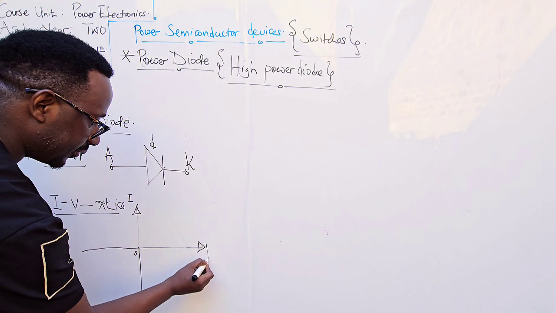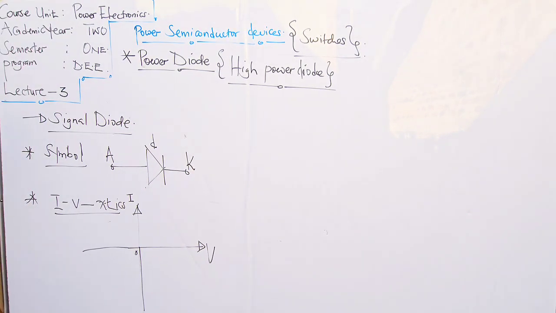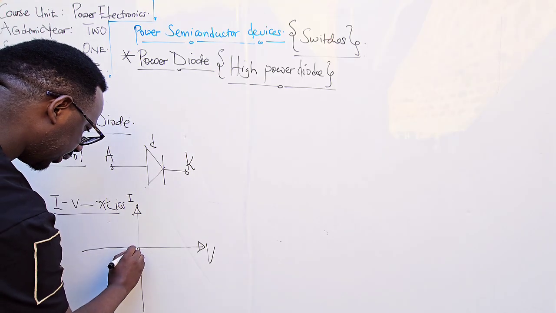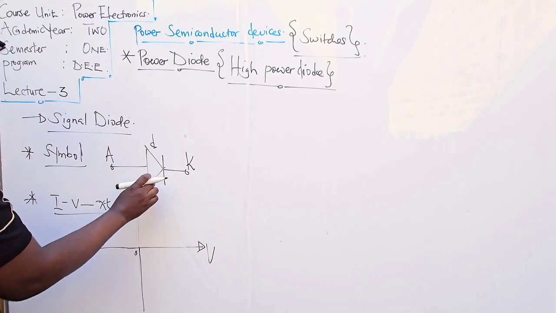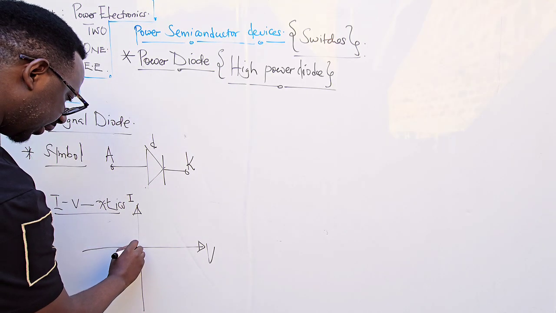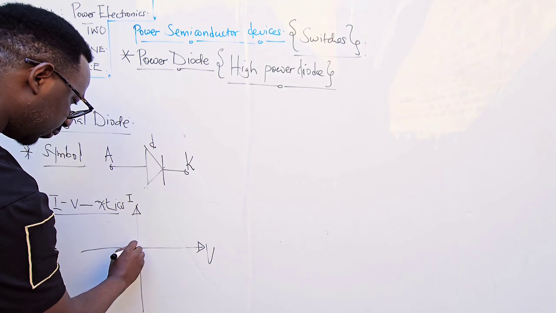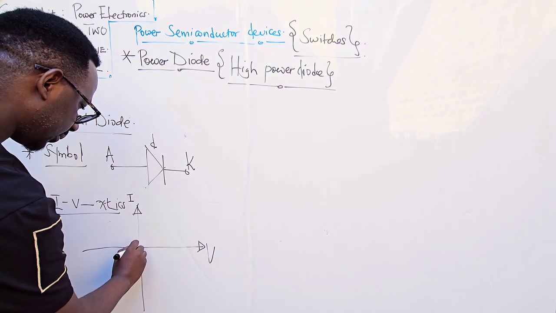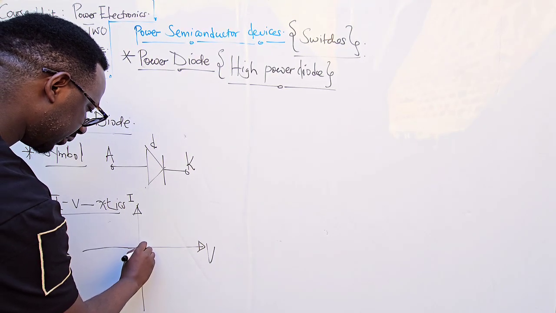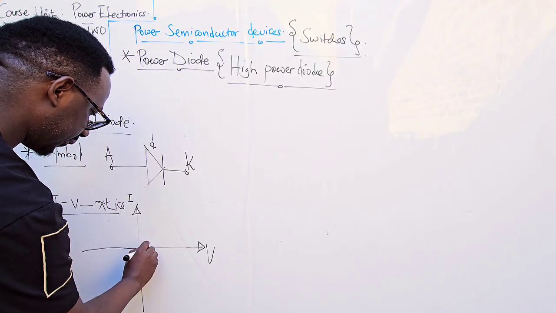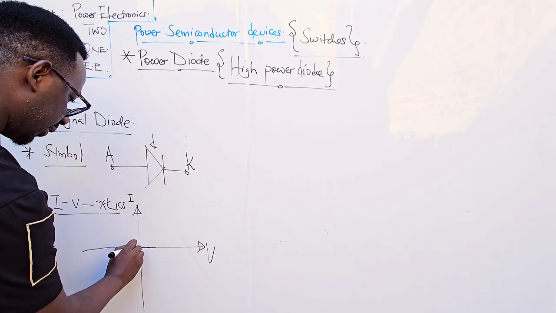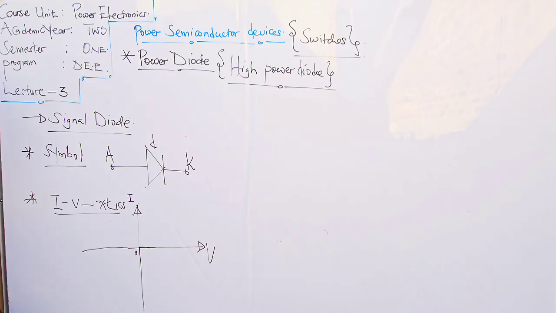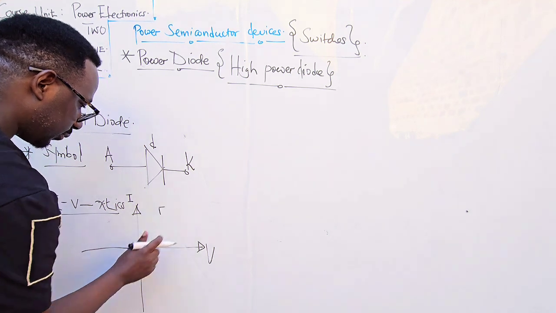Let's say we happen to throw this in a circuit which biases it, we will see what biasing is. We will keep on increasing the voltage as we monitor the current, and there is a point whereby we are not going to see any noticeable current.